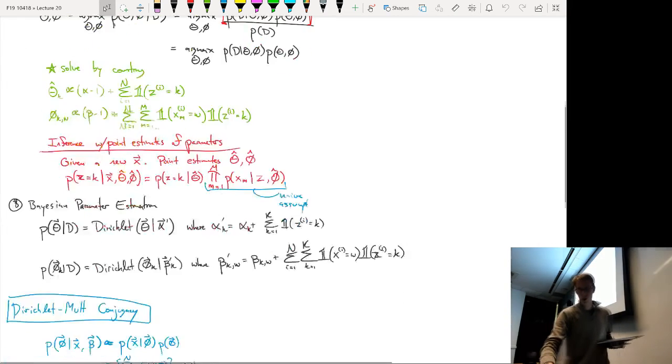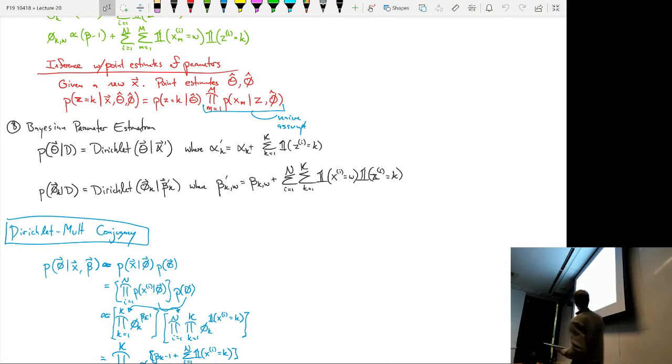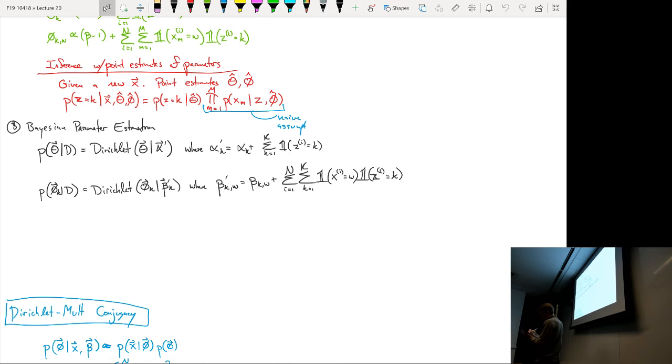So what if you just got back two probability distributions over the parameters? Then what you need to do is Bayesian inference for prediction.